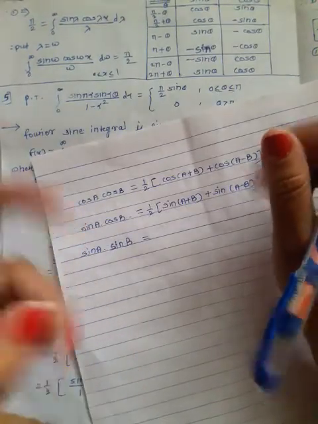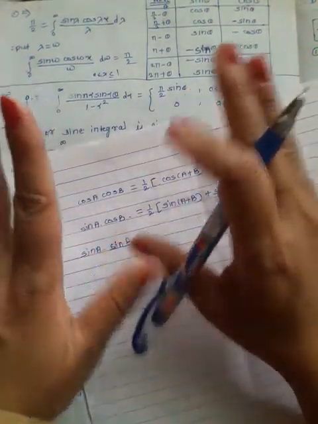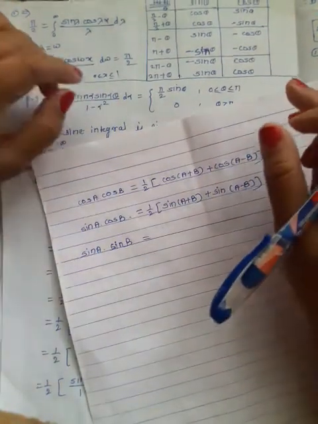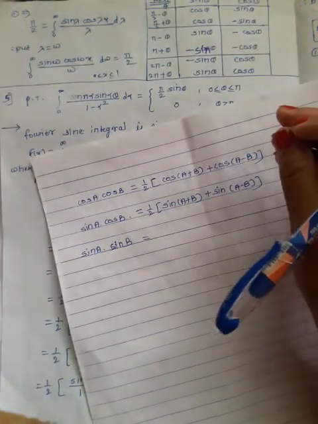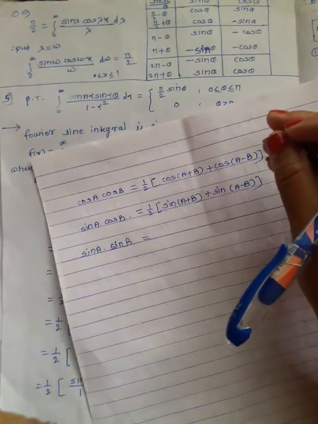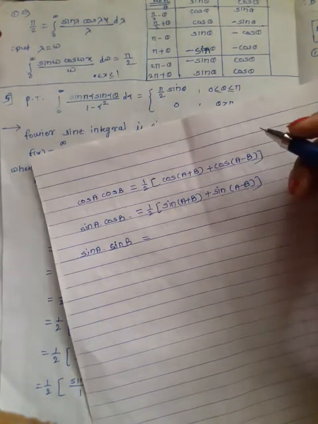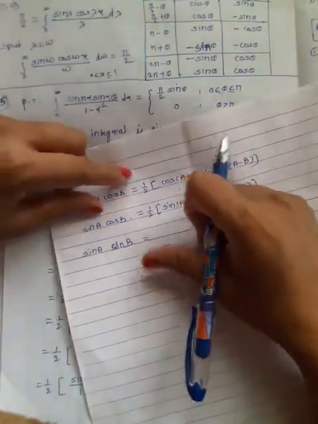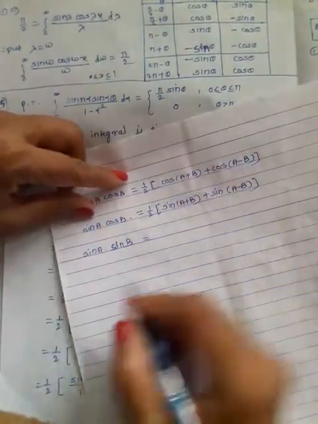There are hardly 20 to 30 formulas throughout the M3. That's why just write down all the formulae one or two or more times repeatedly. You will automatically remember all those formulas. It will take hardly 1 or 2 hours for that.